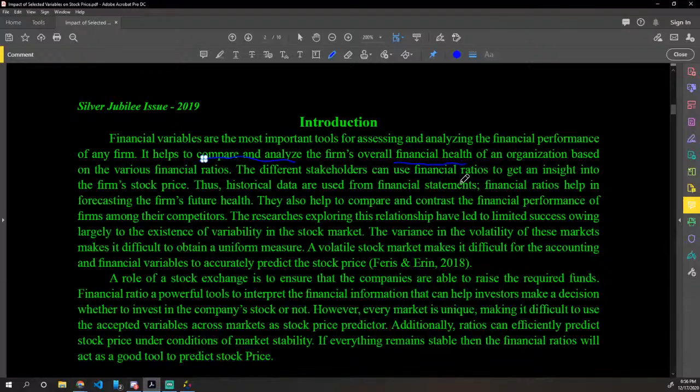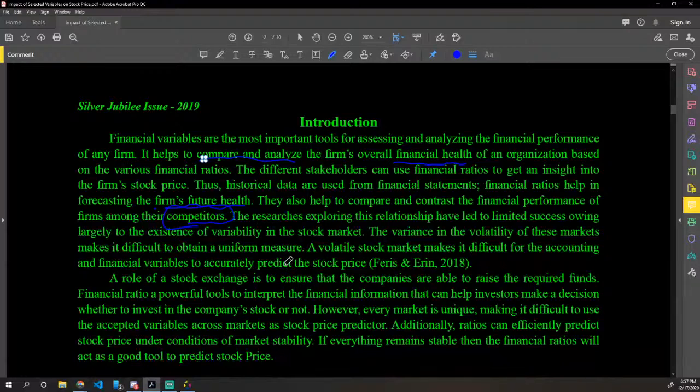The different stakeholders can use financial ratios to get an insight into the firm. Thus, historical data are used from financial statements. Financial ratios help in forecasting a firm's future health. They help to compare and contrast the financial performance of firms among their competitors.